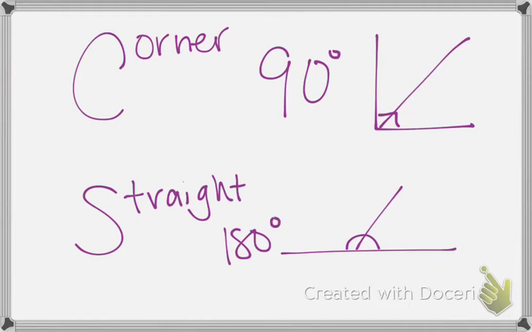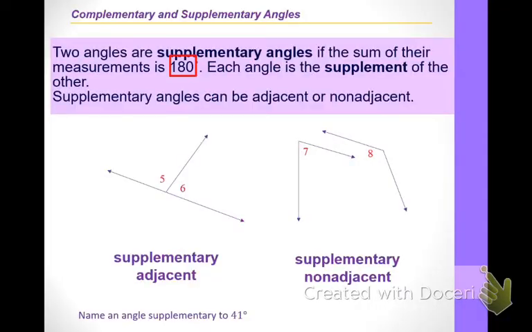Or you can remember this, it's dumb, but it is what it is. In the alphabet, C comes first, right? And S is later on in the alphabet. So 90 is the lower number, like when you're counting, 90 would come first and then you would eventually get to 180. That makes sense? It's dumb. But whichever one you want to remember. Complementary, 90, supplementary, 180.